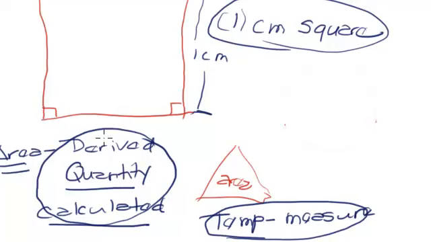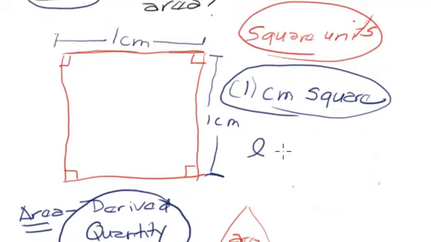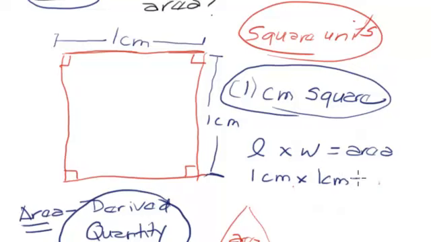We take the length times the width, and that equals area, and we use the units. The length here is 1 centimeter times the width, which is 1 centimeter. That equals, mathematically, and this is important, 1 square centimeter, which is really pretty cool.